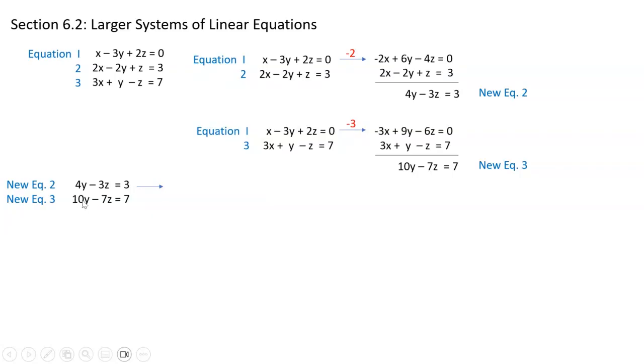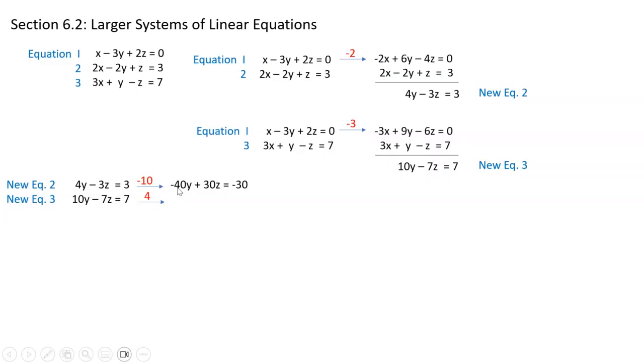Why? Because the coefficient in equation 3, you're going to multiply by equation 2, and the coefficient in equation 2, you're going to multiply by equation 3. But since both are positive, I have to multiply one by a negative. So I'm going to multiply this one by negative 10. Now I'm going to multiply negative 10 times every term, and I'm going to multiply 4 by every term in equation 3.